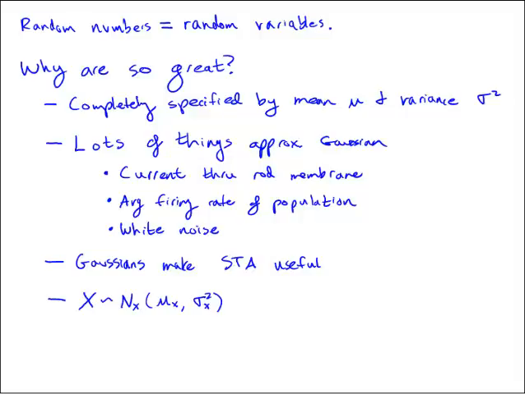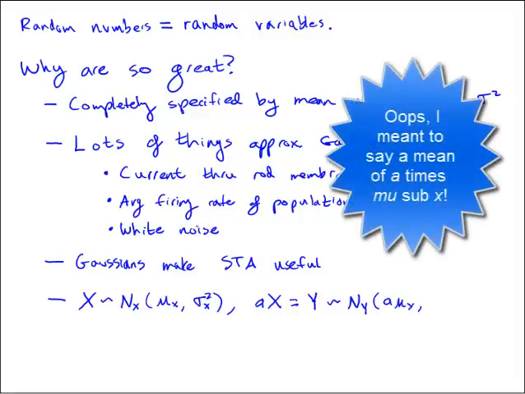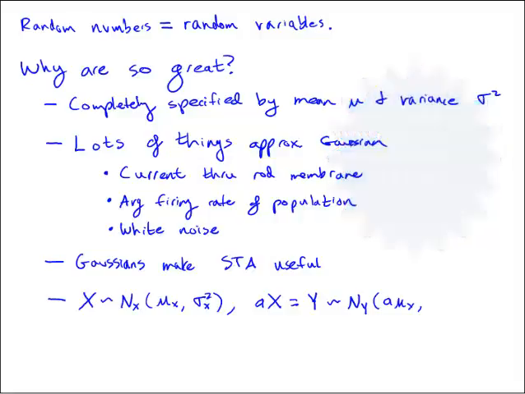If that is the case, then if you multiply your random variable by a constant a to be a new random variable y, that new random variable will be distributed according to a new Gaussian. And that new Gaussian will have a mean of a mu sub x and a standard deviation of a sigma x, which means that it has a variance of a squared sigma x squared.